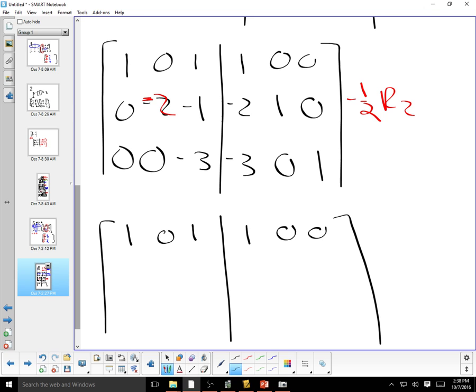Now the middle row needs to change. What's -1/2 of 0? 0, right? What's -1/2 of -2? 1. And then -1/2 of 1 is going to give me a positive 1/2.